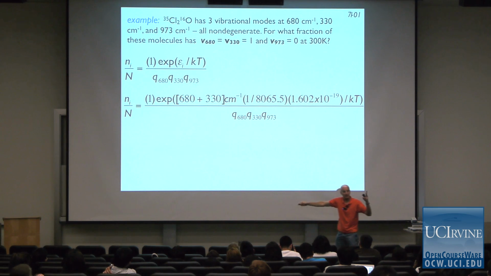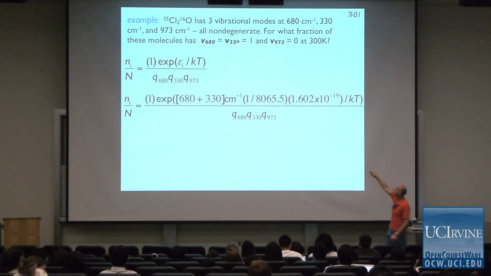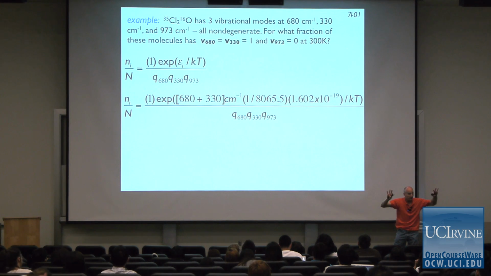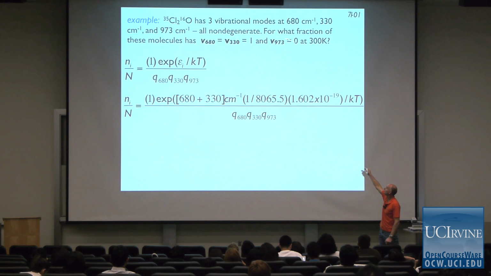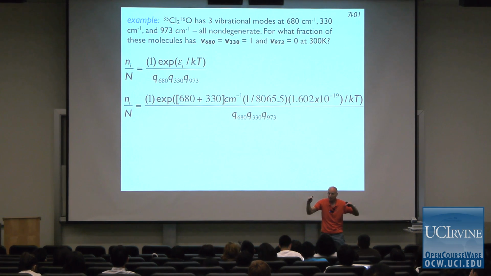Two tricky things. You're going to use the overall vibrational partition function because I'm telling you I want all 3 of these things to be a certain way. However I ask for them to be, if that was a 2 and that was a 5, it would still be the same. I'm still telling you how I want those 3 states to be configured.